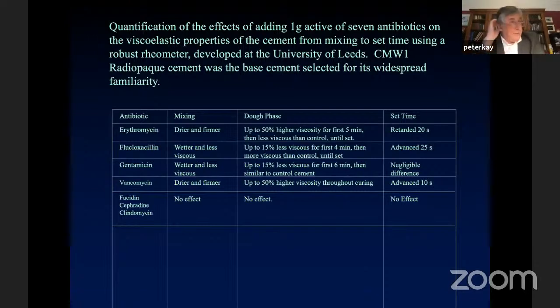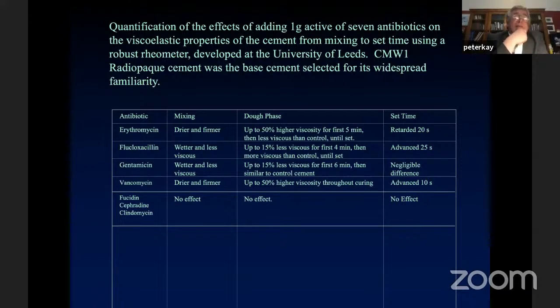But what is really important if you're going to put extra antibiotics in bone cement is to understand what effect extra antibiotics have on the bone cement itself, and how they affect its working time. Because if you're doing the operation and you start to add additional antibiotics and it's really affected the way the cement is going to set, what you don't want is to be in the situation with an infected case where you've put the cement in, you've pressurized it, you're going to put the components in, but then you discover it's delayed the setting of the cement massively.